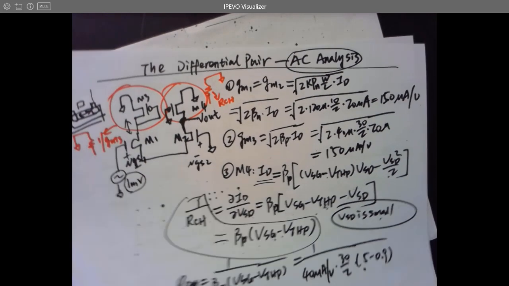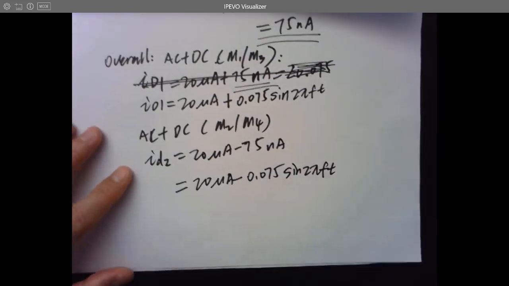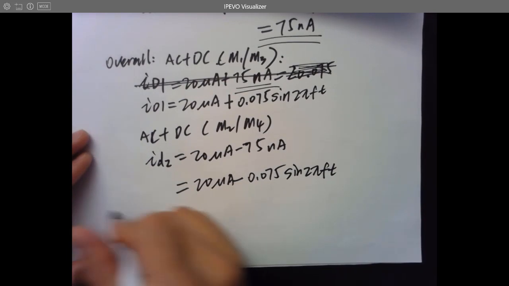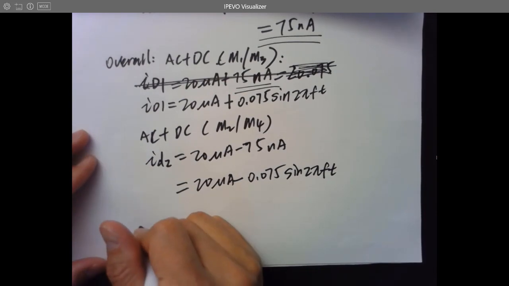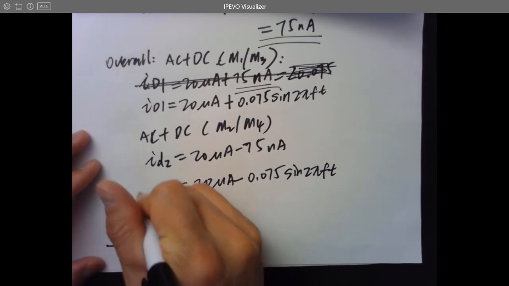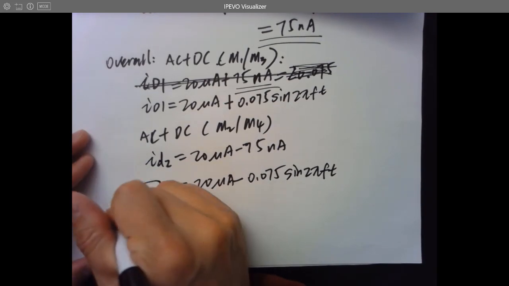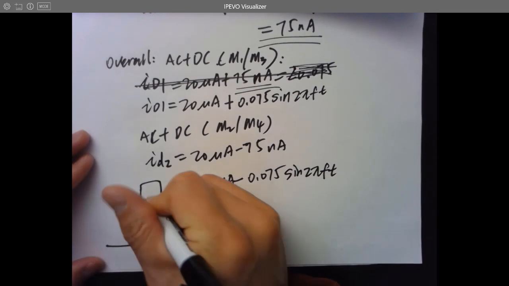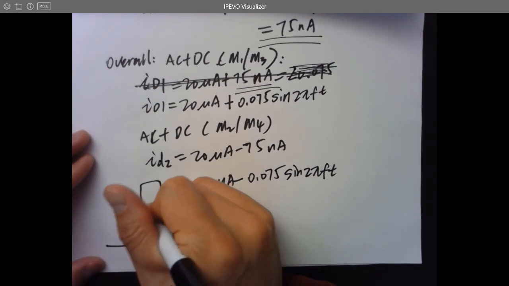So if you do that over here on this paper, it looks like this. We just drew the right half. And this is our channel, and this is V out, and that's your ID.